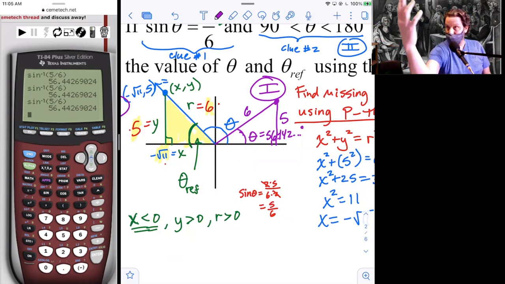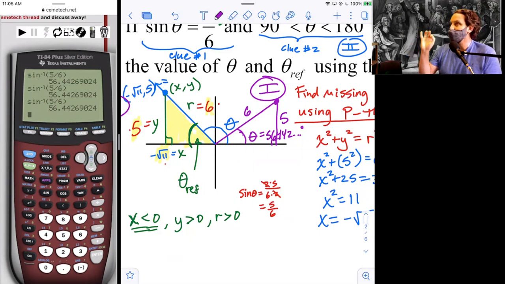If I just take the triangle in quadrant 1 and reflect it across the y-axis, I get the other one in quadrant 2. You see that? They have the exact same measures. In fact, remember when we found x by the Pythagorean theorem? It said x could be plus or minus the square root of 11. Well, in this bizarro reference triangle, it's the other one.